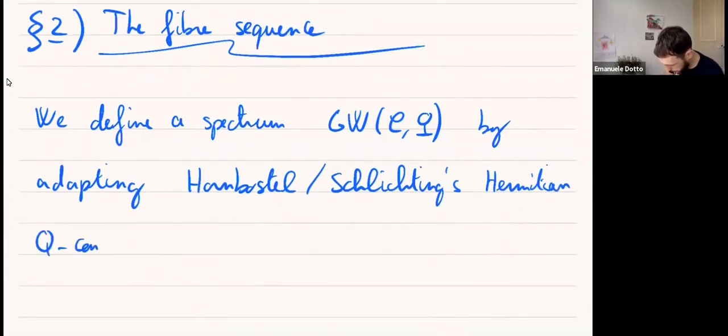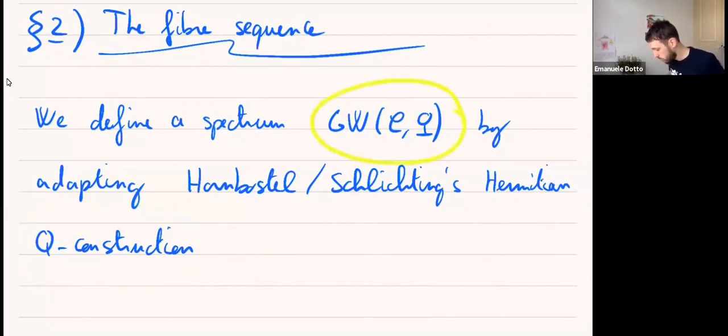So they have a version of the Q construction for categories with duality, exact categories, and we adapt that to stable infinity categories with a quadratic functor, kind of in the same way that the usual Q construction has been adapted to stable infinity categories by Barwick.